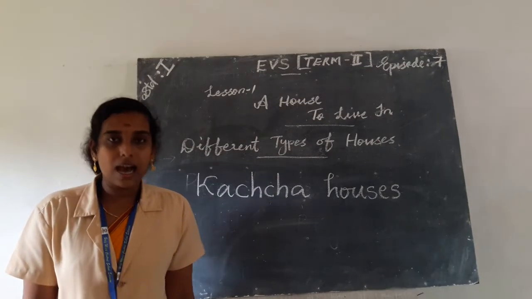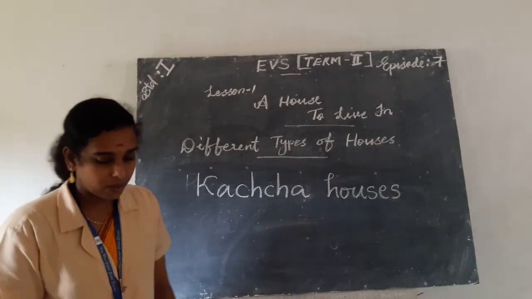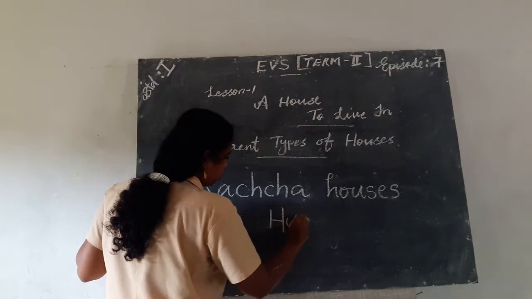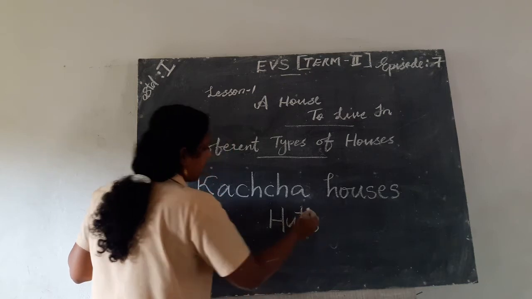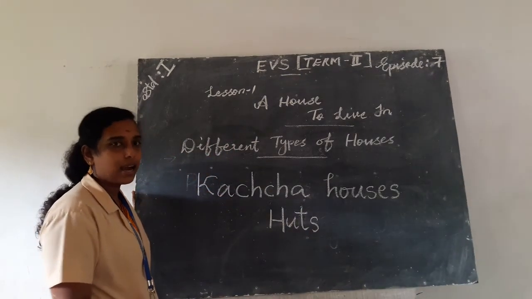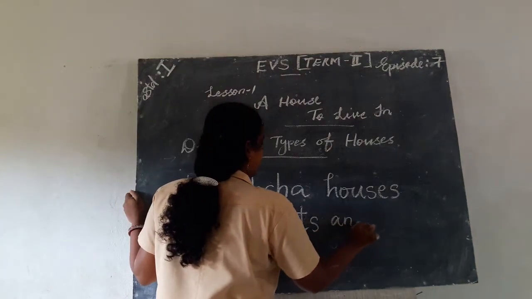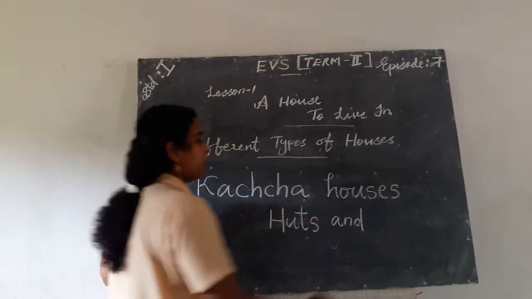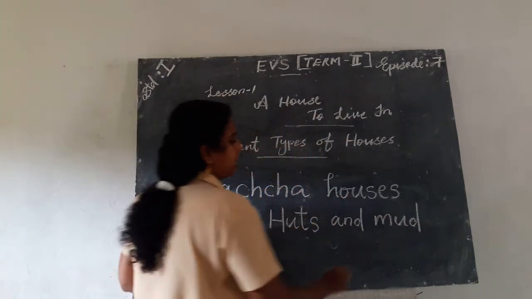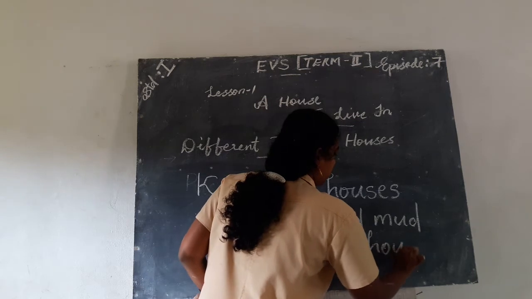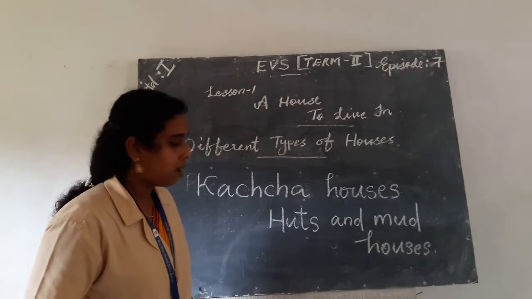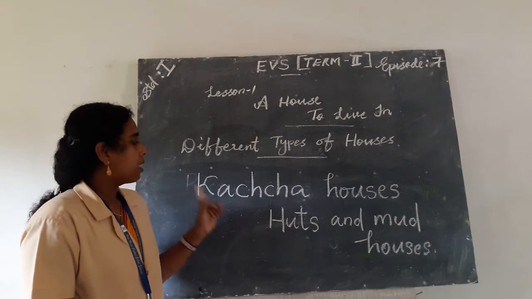And huts and mud houses are called kacha houses. Huts, H-U-T-S, huts, and A-N-D, and mud houses, M-U-D, mud houses, H-O-U-S-E-S. Huts and mud houses are called kacha houses.